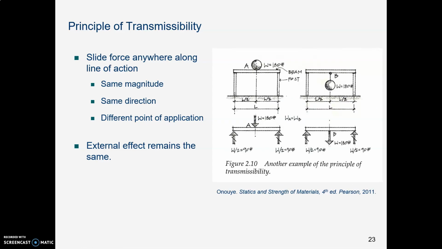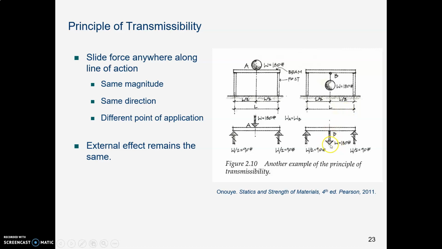Here's another example. Here's a weight sitting on top of a table, weighs 180 pounds. And down below that is a picture of that force. See that arrow? That force is on top of that table. These other arrows, by the way, are the holding up forces of the legs. Well, you could have the same effect on that tabletop if you hung that weight from underneath the table.